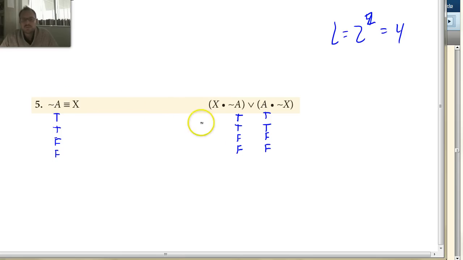Because notice this one's sort of tricky, because if you did this first, you might start over here and say this is true, true, false, false, and just mix them up. So then the X here is going to be true, false, true, false, true, false, true, false, true, false, true, false. Okay.